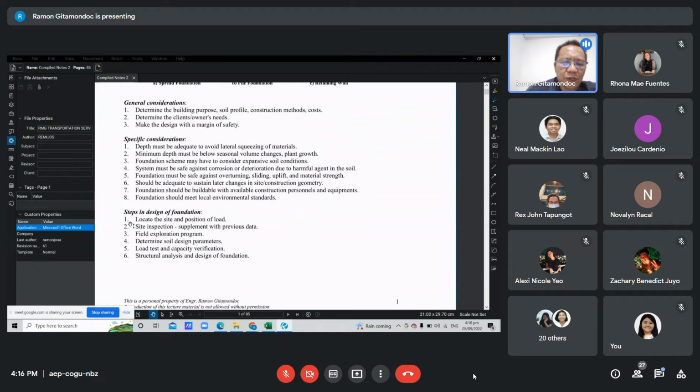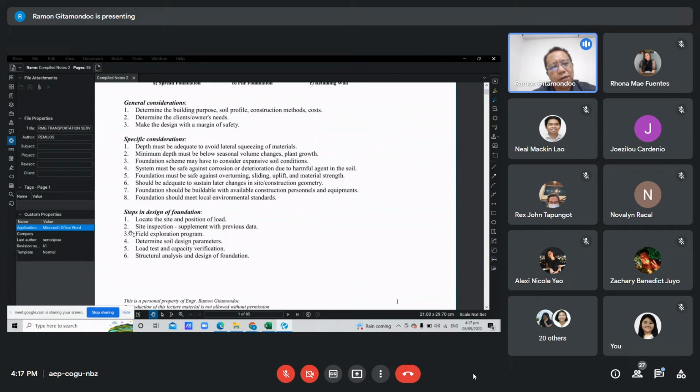If it's insufficient, then we should adjust by increasing the pile length, before we produce the piles. So that is for load testing and capacity verification. Then after that, we have the structural analysis and design of the foundation. That's the final step.